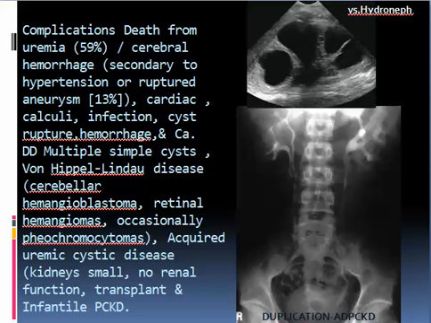The complications are many: uremia, cerebral hemorrhage, calculi, infection, cyst rupture, hemorrhage, and the differential is multiple simple cysts, or some syndromes like von Hippel-Lindau, and we should differentiate from acquired uremic cystic disease, and of course all need transplant, and should be differentiated from the infantile type of polycystic kidney.